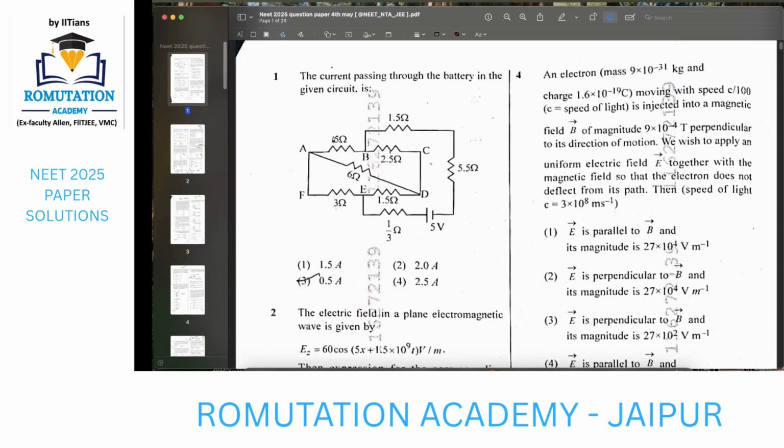I think you can see that this 5 ohm, this one, this one, this one, and this one can first of all be easily simplified, right? Because 5 ohm and 2.5 ohm are going to be in series, and that is going to be in parallel with this 6 ohm, and that again is connected in parallel with this 4.5.